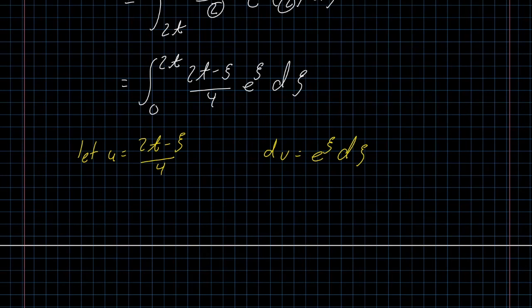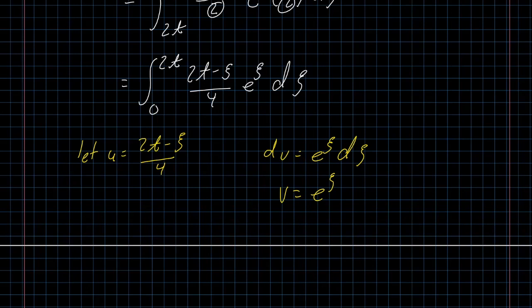And the reason I chose this is that when I differentiate 2t minus xi over 4, it's going to become something simpler. And when I integrate e to the xi dxi, it's going to become no more complicated. The integral is very straightforward. The integral of e to the something is just e to the something.